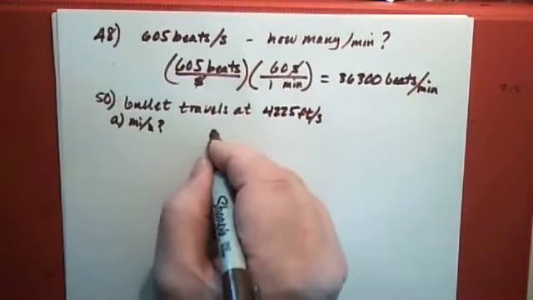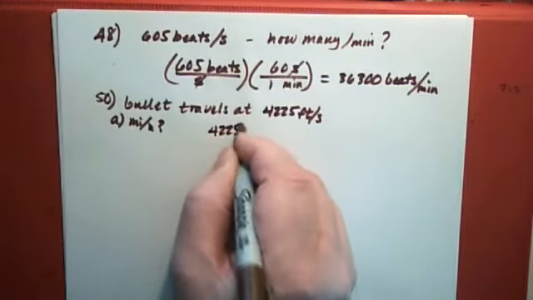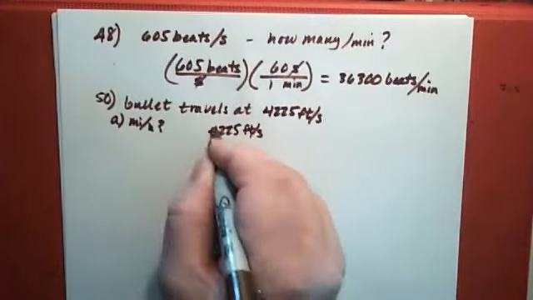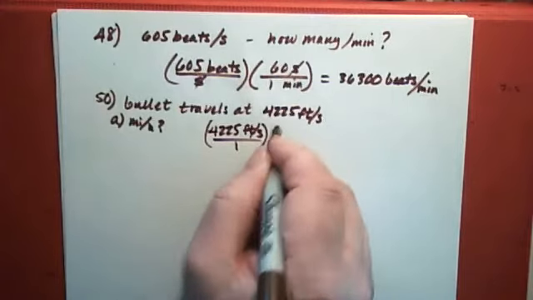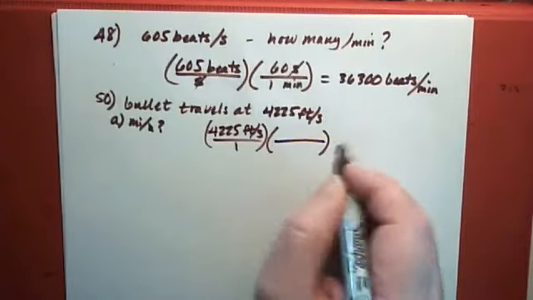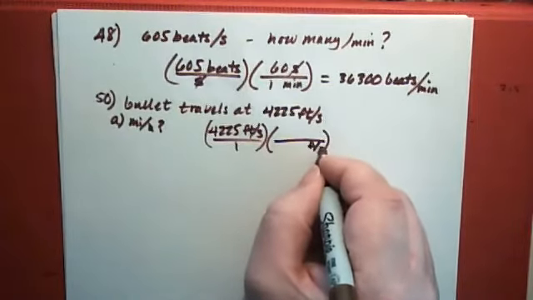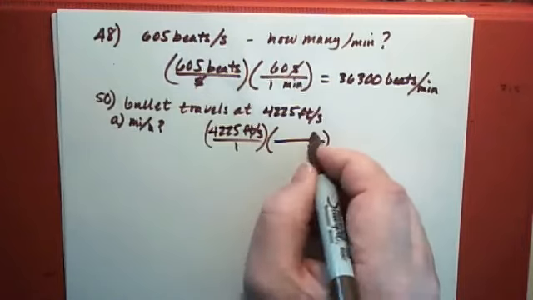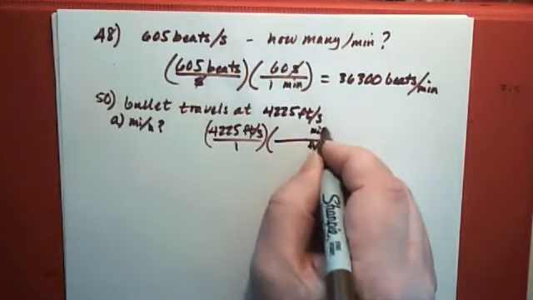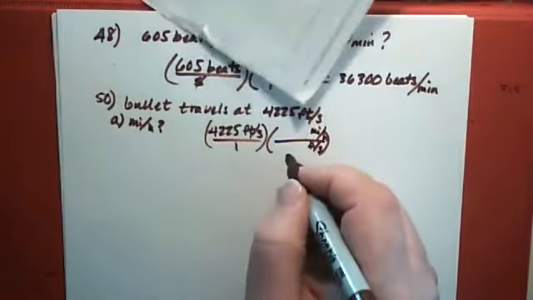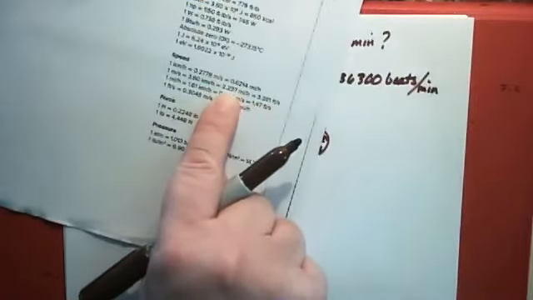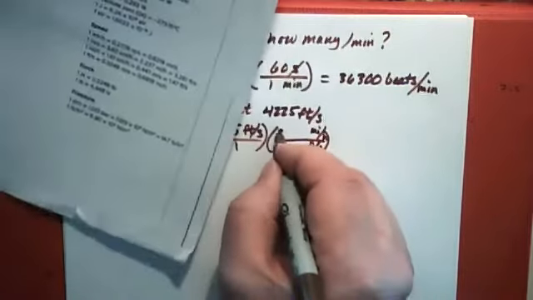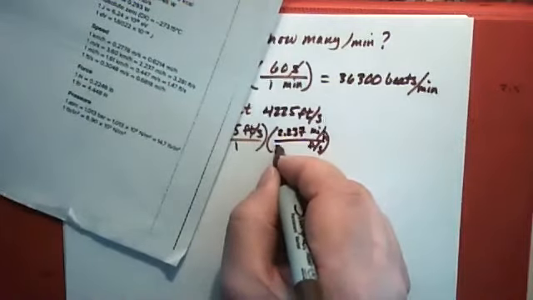So what we have here is 4,225 feet per second, and the conversion factor sheet tells us that the conversion between feet per second and miles per hour is 2.237 miles per hour for every 3.281 feet per second.